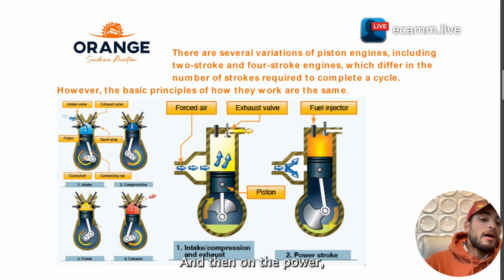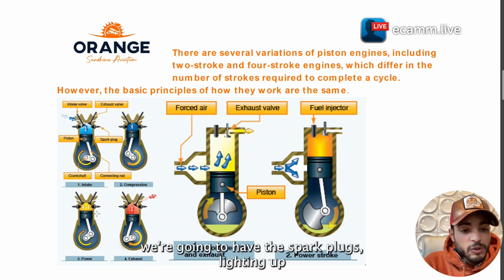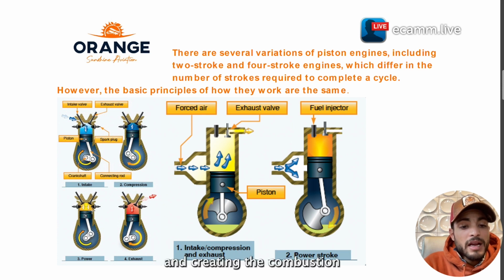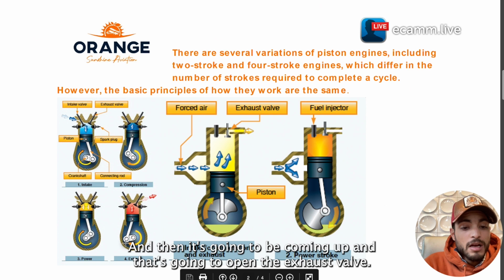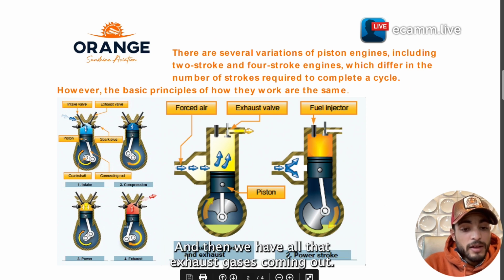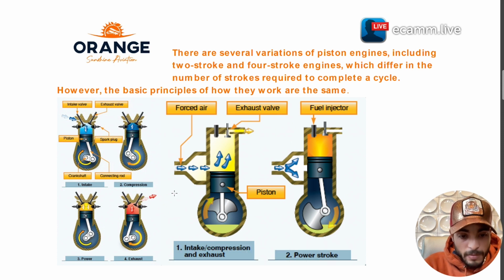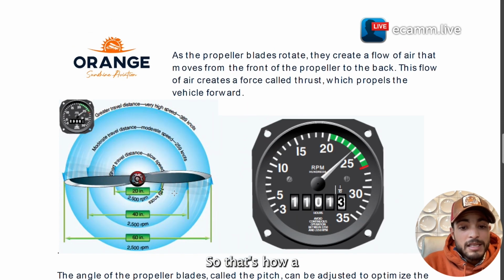And then on the power, we're gonna have the spark plugs lighting up and creating the combustion, where the piston is gonna be pushed all the way down again, and then it's gonna be coming up, and that's gonna open the exhaust valve, and then we have all those exhaust gases coming out. Okay, so that's how a piston engine works.